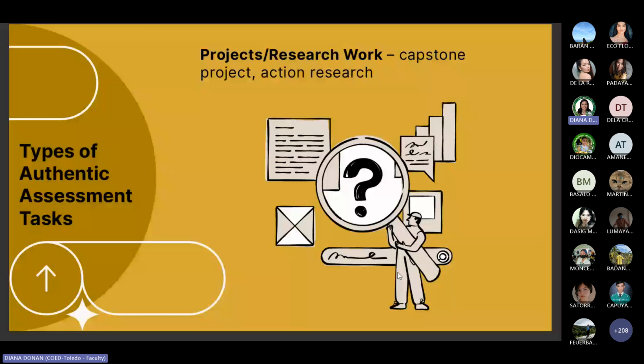For example, a capstone project in senior high school where students research a topic and propose solutions, an action research done by student teachers during their practice teaching, or creating a community development plan in social studies. These tasks build collaboration, planning, research, and presentation skills.